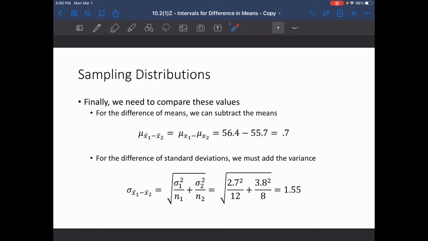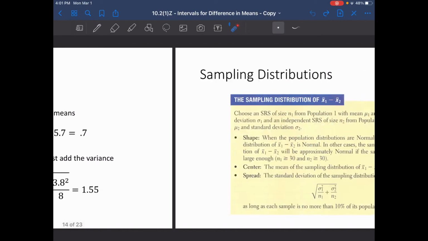So we must take the standard deviation we're given squared divided by the number of girls, and then the standard deviation for the boys squared divided by the number of boys. That represents the variance for each. We add those two variances together and then take the square root of that, which gives us a standard deviation for the difference in means of 1.55.